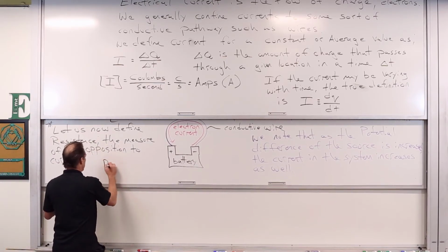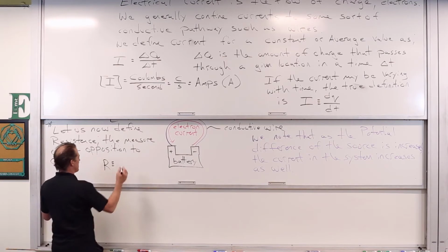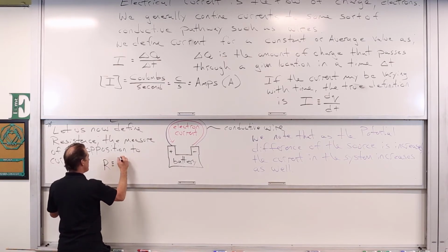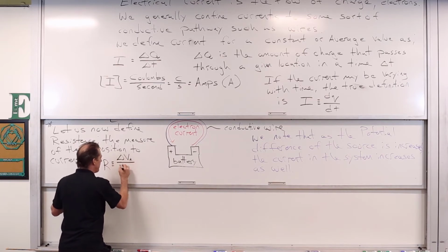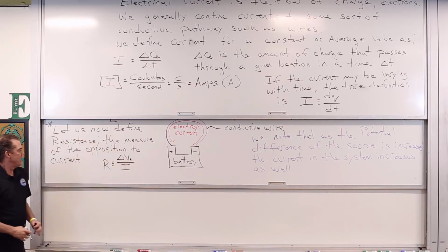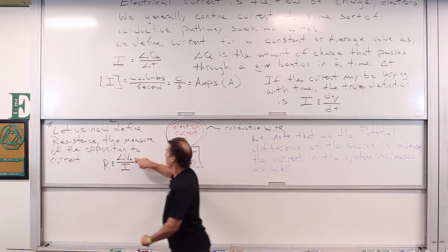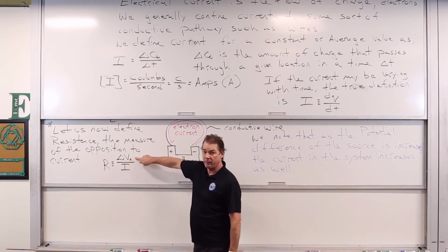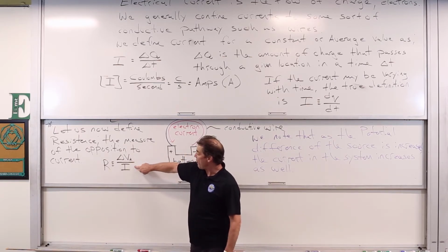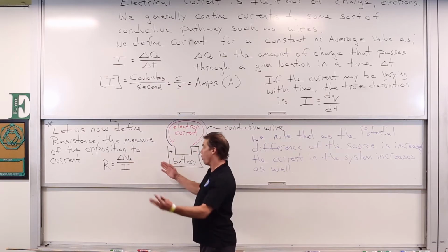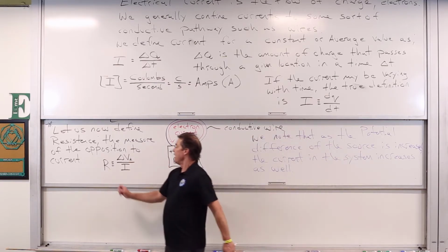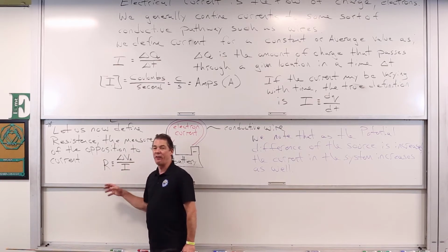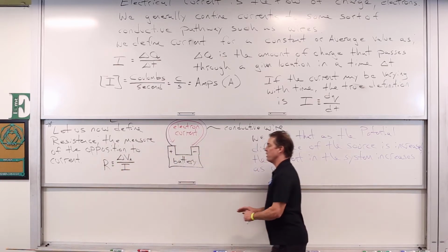We define resistance as delta V sub R divided by I. It is the potential difference across whatever we're defining the resistance of, divided by the current that's going through that portion.